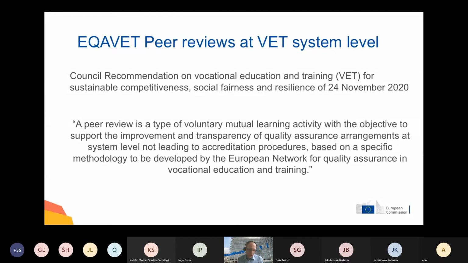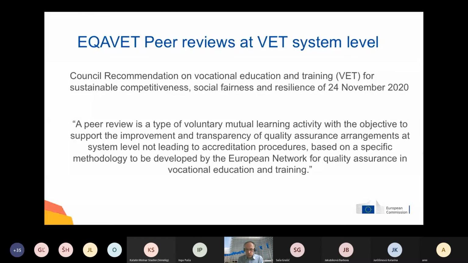Secondly, and this is really the main purpose, it allows the other peers, the other countries participating in the peer review, to learn from the experience of the one country, and from the exchange taking place within the peer review, so that they can also improve and further develop their quality assurance arrangements at system level in their own country.